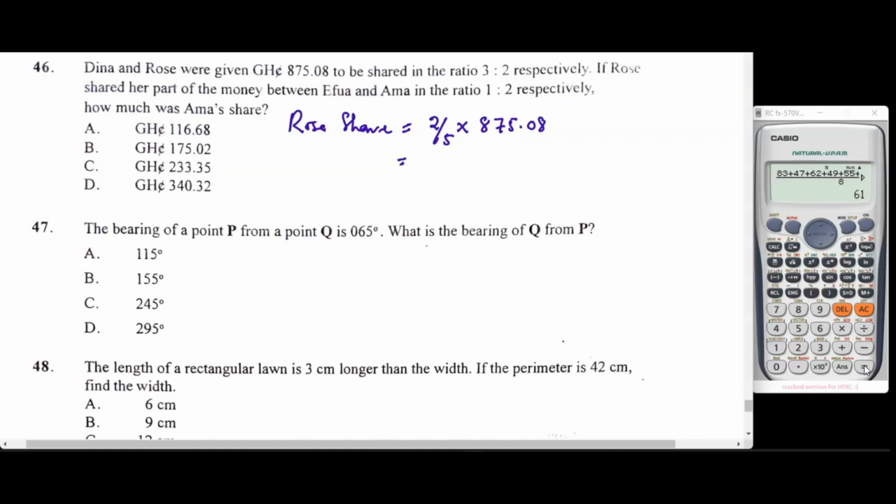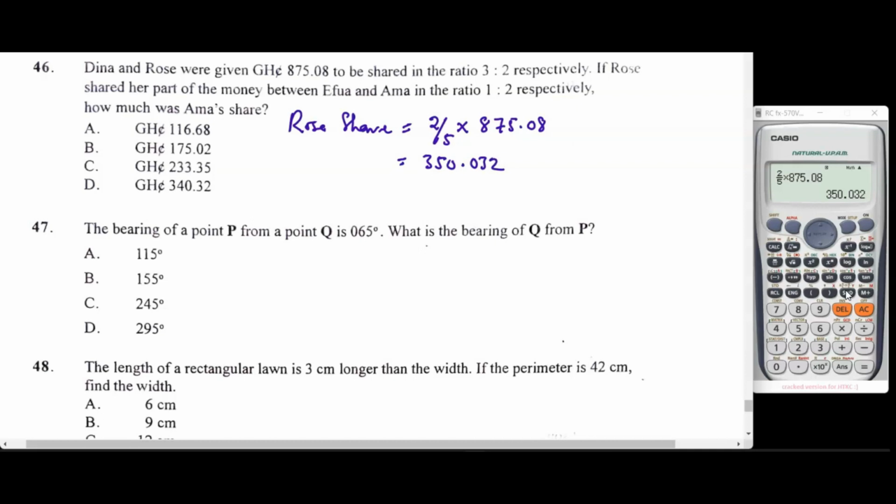Now programming it on the calculator, we are going to have it as 2 on 5 multiplying 875.08, and that leaves us an answer of, let me leave it in decimals, 350.032. So that was the share for Rose.